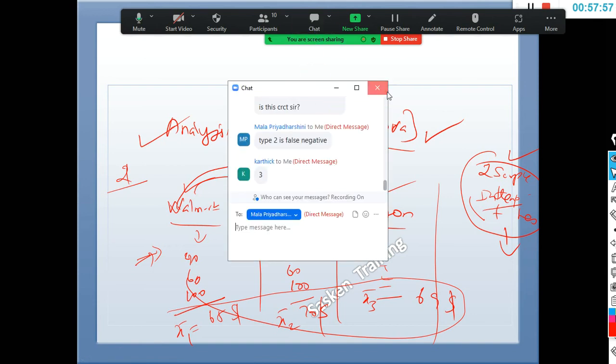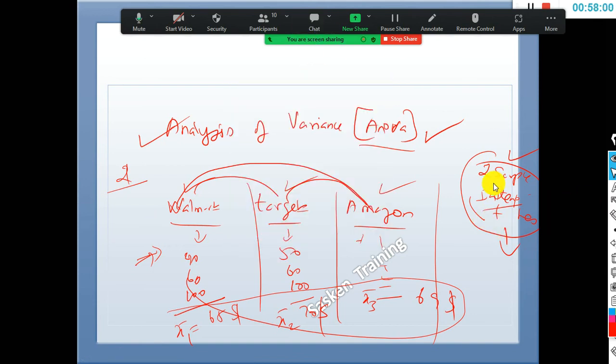But if you want to run the two independent sample t-test and you have more than two groups, how many times do you need to conduct the test? For these two samples you need to conduct the hypothesis test once, and then one more test, because you need to compare these two sample means, and then compare this.